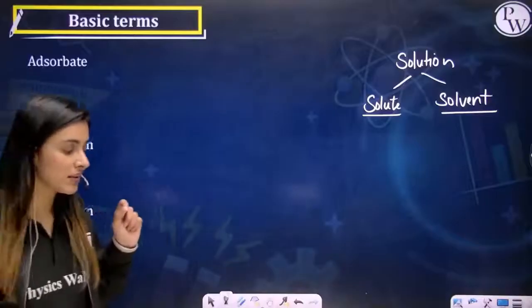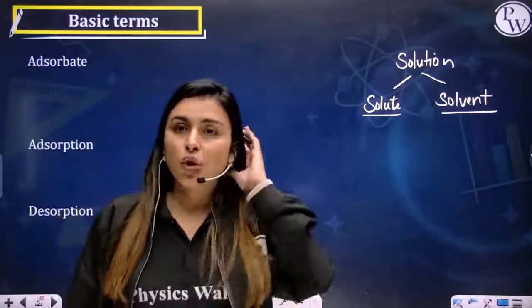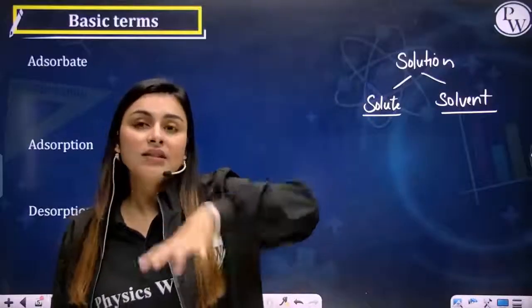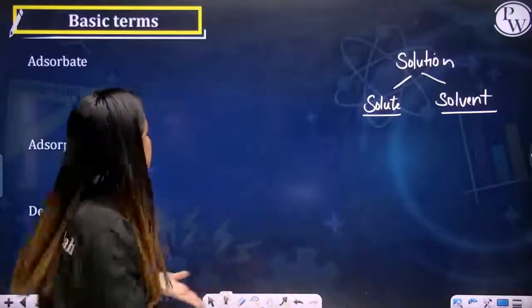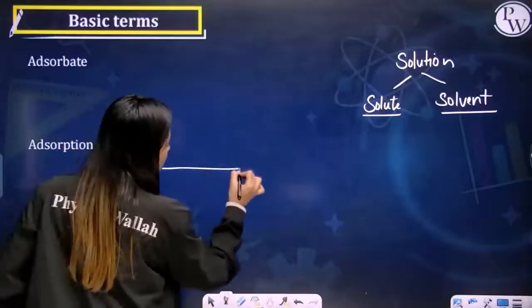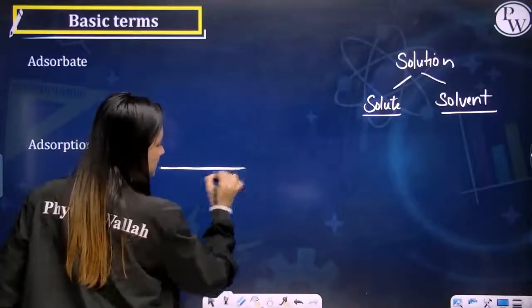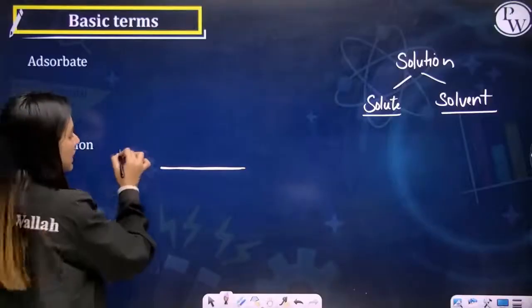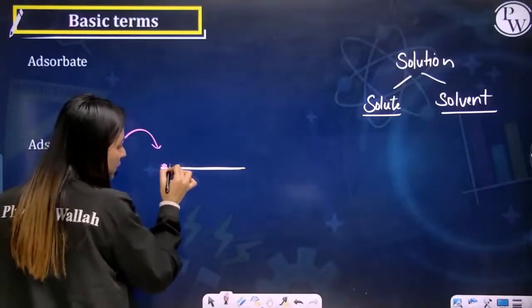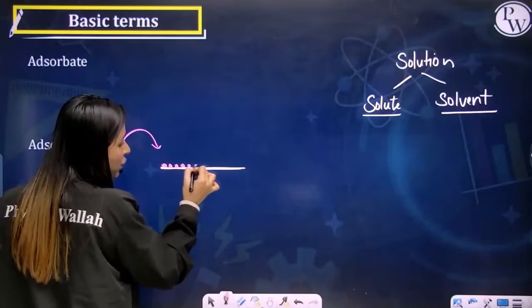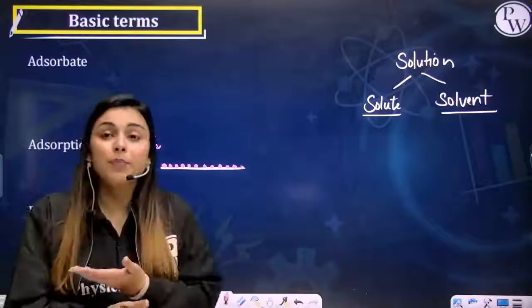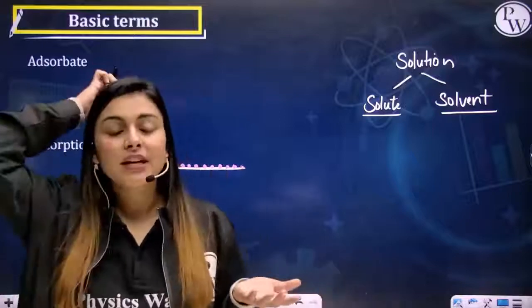See, my dear students, when you talk about adsorption, obviously there are the particles which get stuck on the surface. Let's say I have this surface, and let's say some particles are getting adsorbed. So you have two different particles. One is getting adsorbed and the other is providing a space for the adsorption.